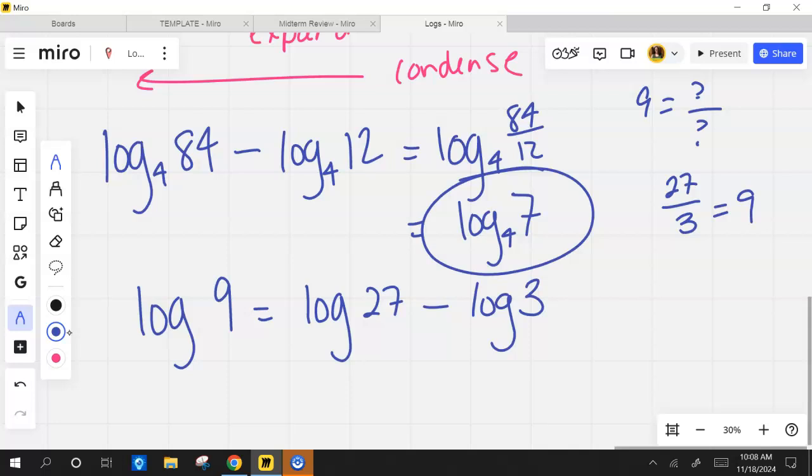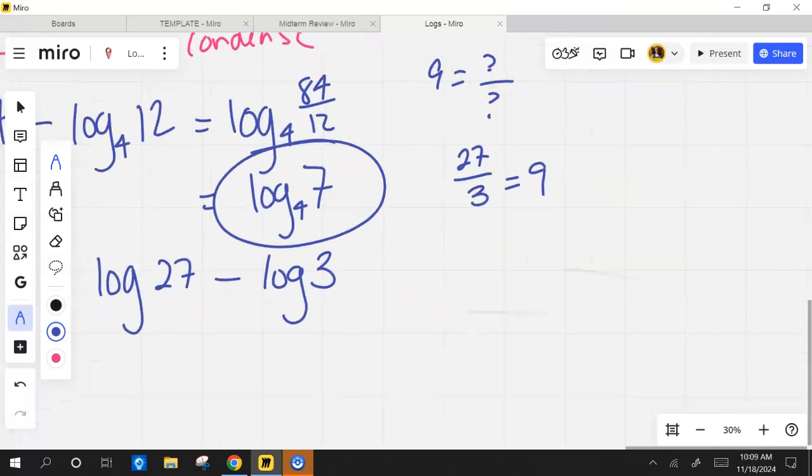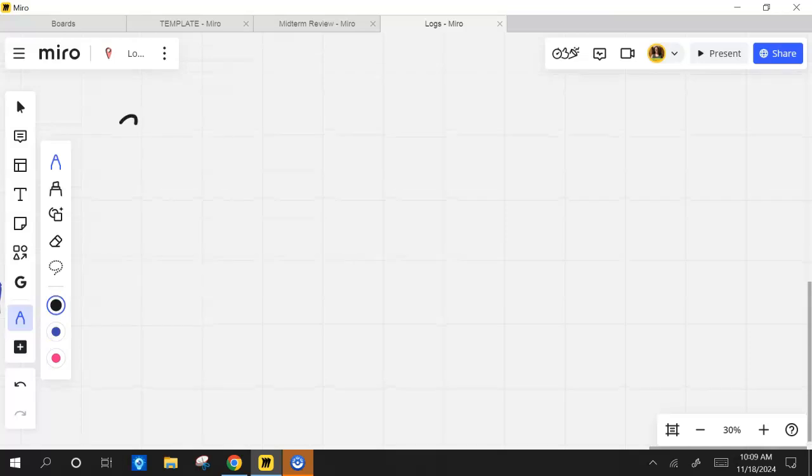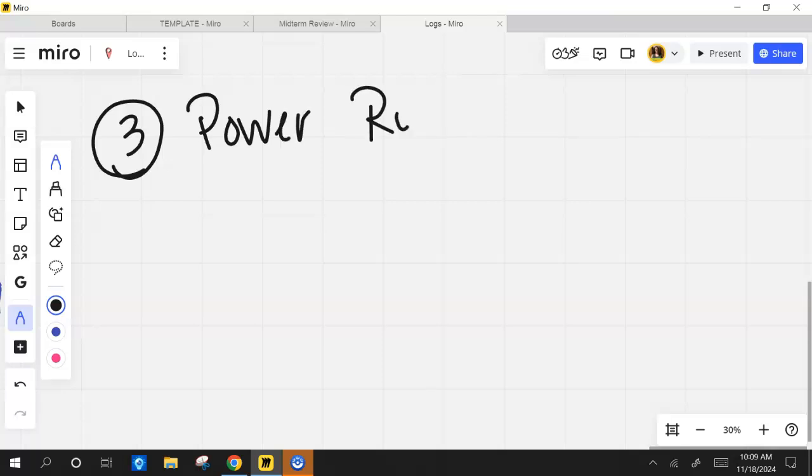Now the last one. What's the third one? Power rule. Everybody loves the power rule one. It's the easiest.